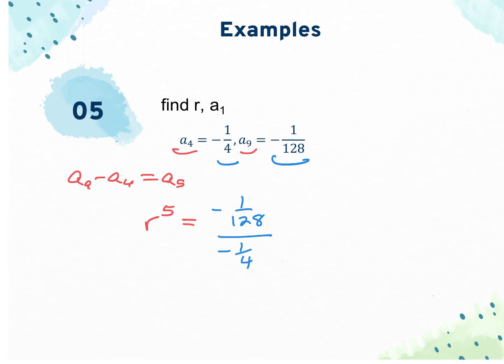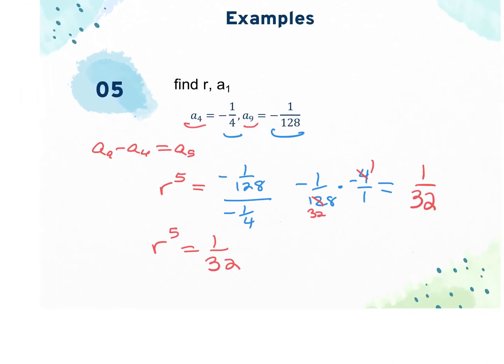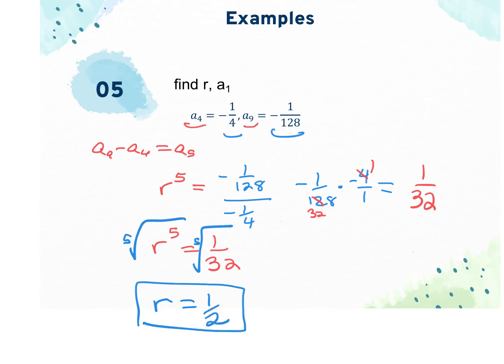I'm going to do a keep flip change here: negative 1 over 128 times negative 4 over 1. This will simplify and it becomes positive 1 over 32. So r to the fifth equals 1 over 32. In order to find the common ratio, I need to find the fifth root of 1 over 32, which is going to be 1/2. So my common ratio is 1/2.